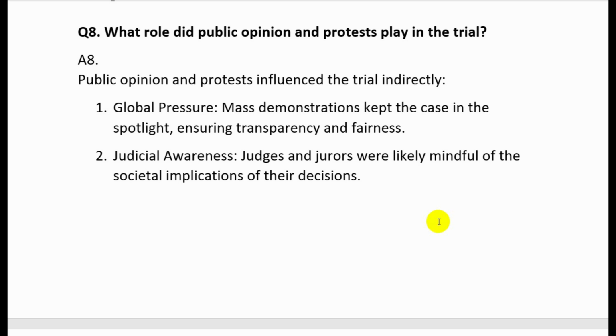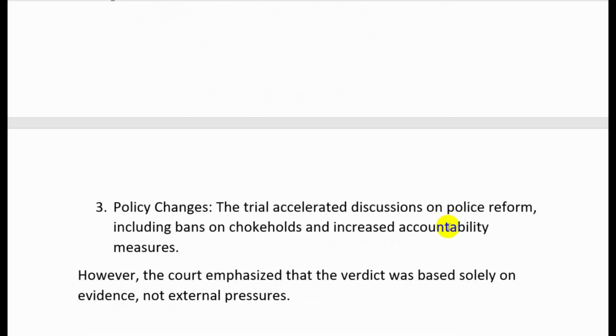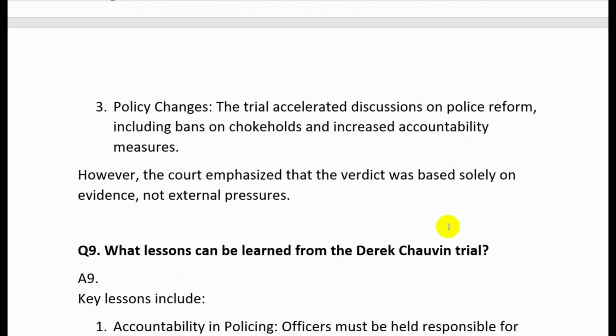Judges and jurors were likely mindful of the societal implications of their decisions. Policy changes. The trial accelerated discussions on police reform, including bans on chokeholds, that is, holding through the neck, and increased accountability measures. However, the court emphasized that the verdict was based solely on evidence, not external pressures.